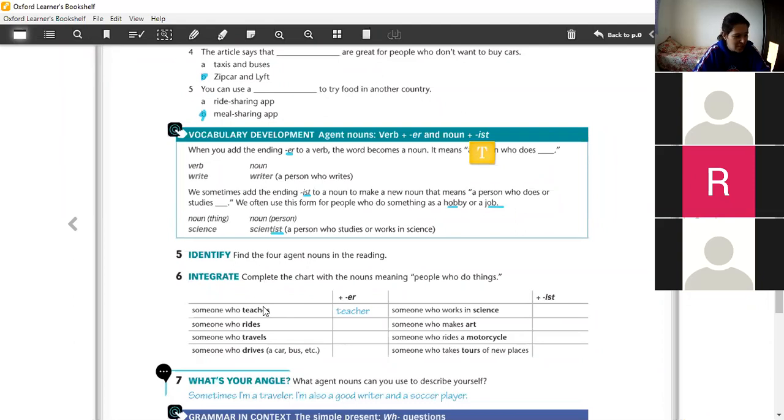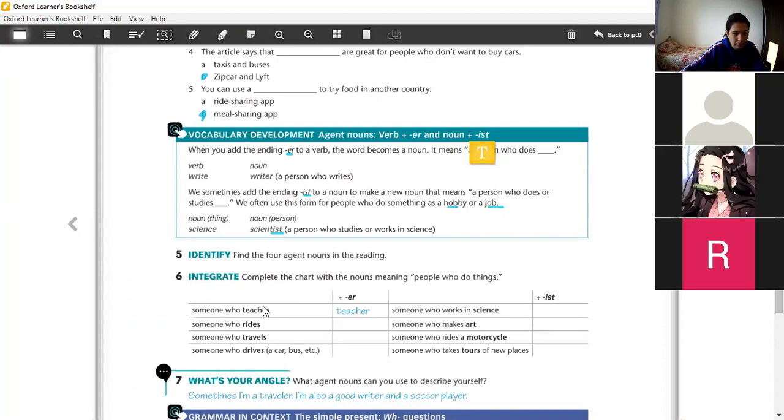Achei que você ia escrever mais, um livro praticamente. Bernardo, your sentence. My father is always a driver. Good. Matheus? My grandpa is something artist. Good. Evandro?